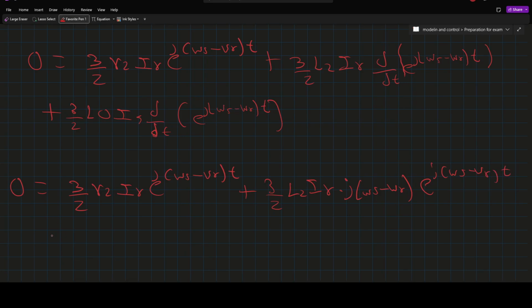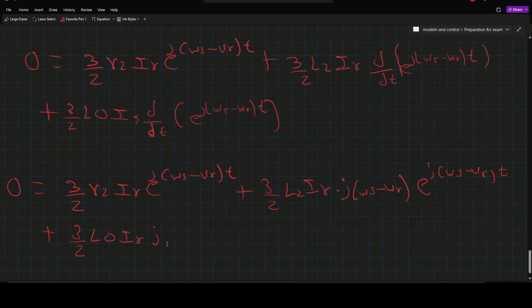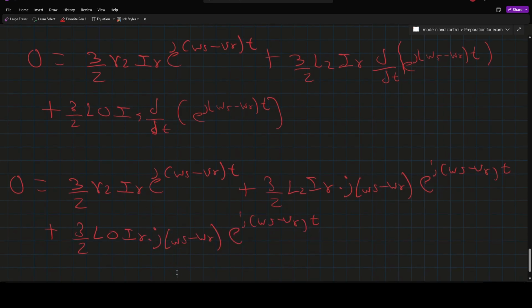And down here we are going to have 3 halves L naught Is j, the same as this, so I'm just going to paste it here.